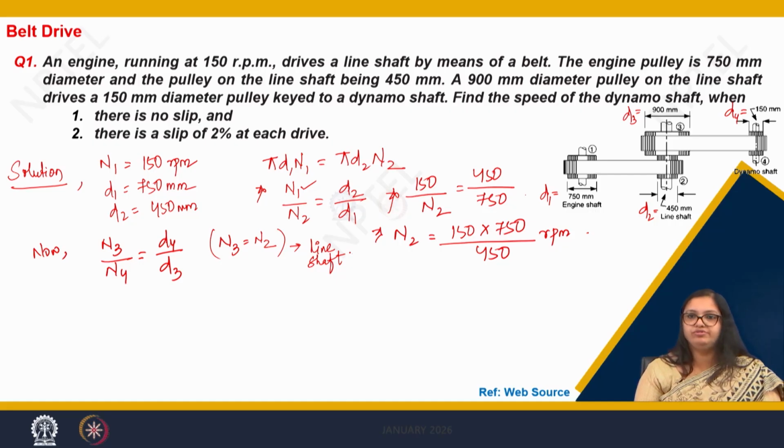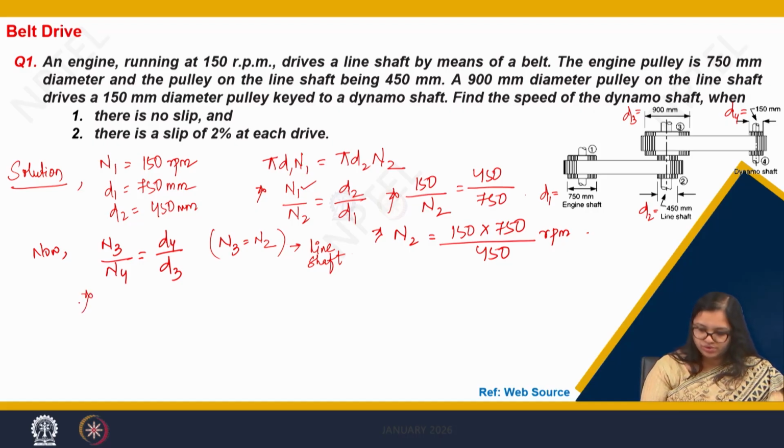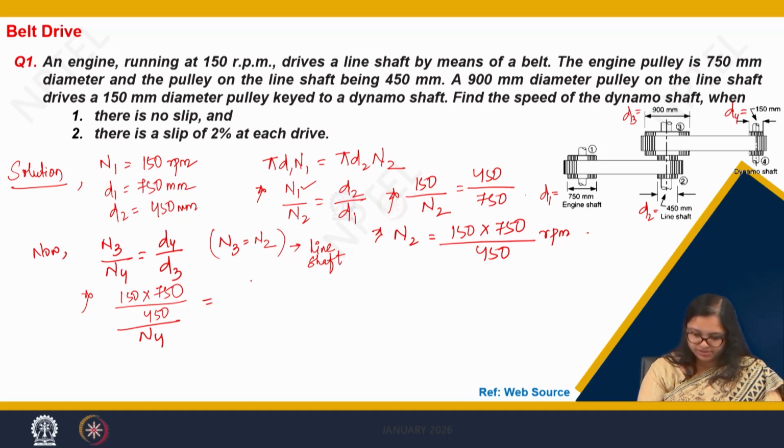The shaft will have only a single rpm, which is why N3 is equal to N2. So, instead of N3, I put the value of 150 into 750 by 450, divided by N4, equal to D4, which is 150, divided by D3, which is 900.